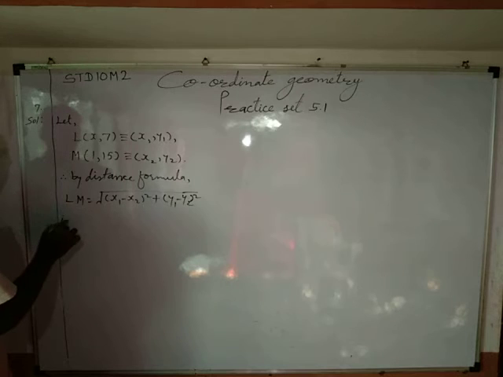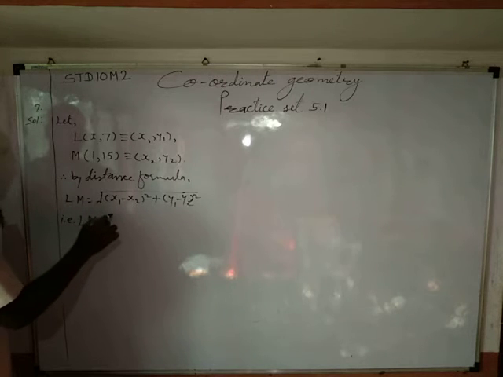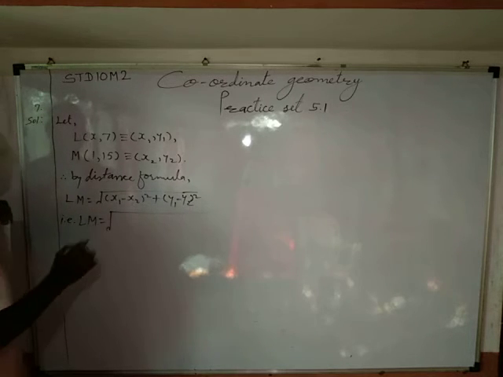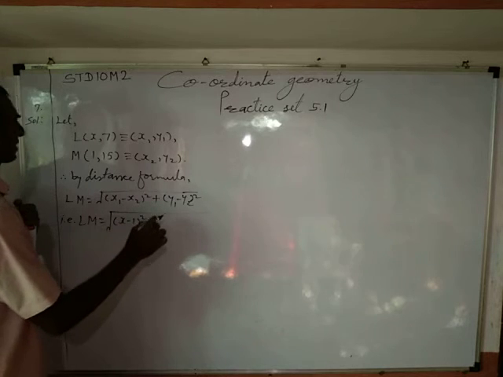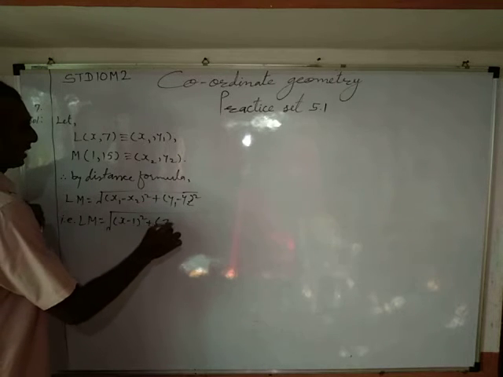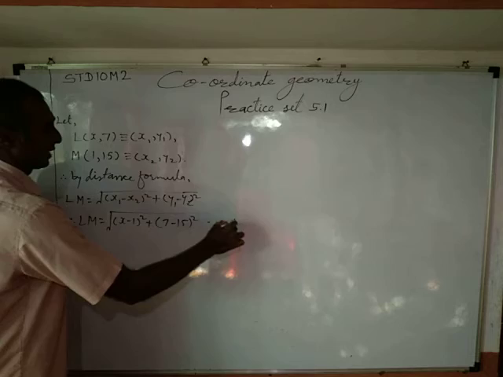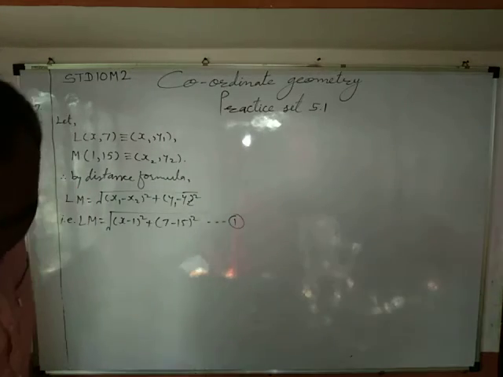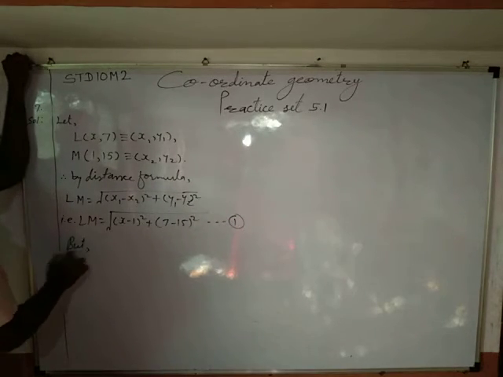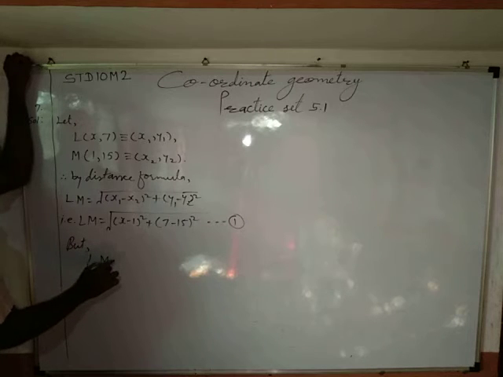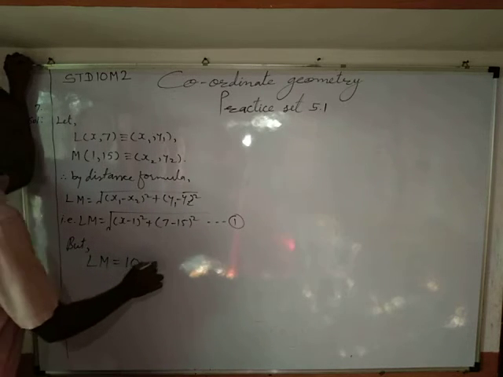That is, LM equals under root (x minus 1) whole square plus (7 minus 15) whole square. Let's call it equation first. But according to the given information, LM equals 10.